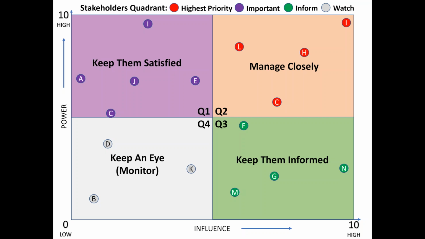Naturally, we will develop a deeper strategy for L and H and I and C, but generally speaking, this group has to be managed closely. Do I make myself clear? Yes, I got it. Okay, wonderful. Anything from you for that?